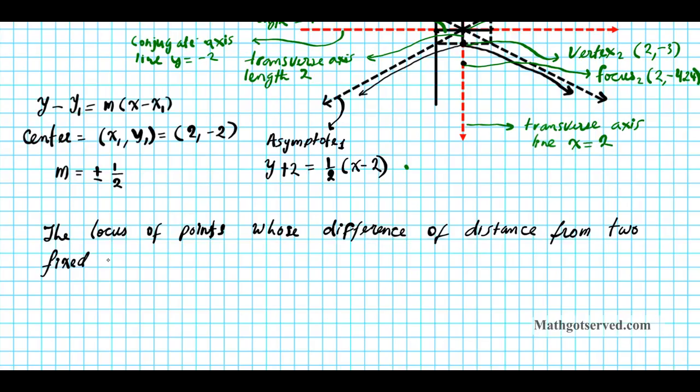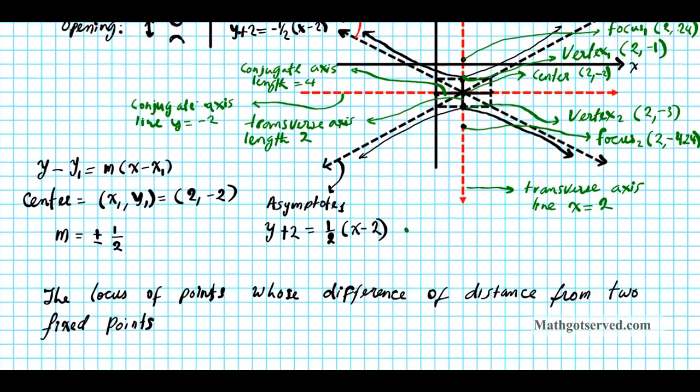These fixed points are the foci. Okay, from two fixed points, what are our foci again? Two points: 2, 4 and 2 comma negative 4.